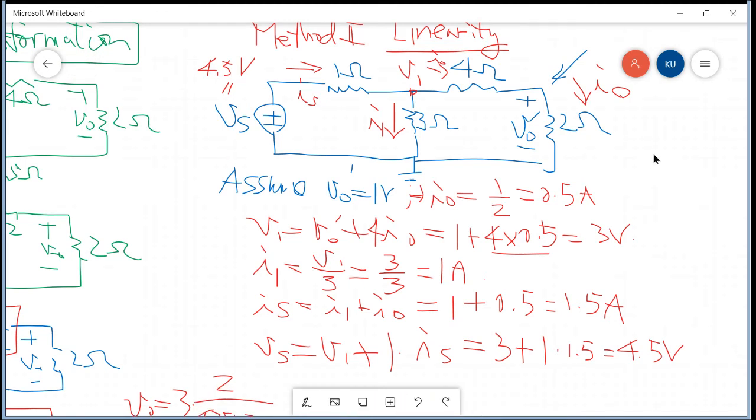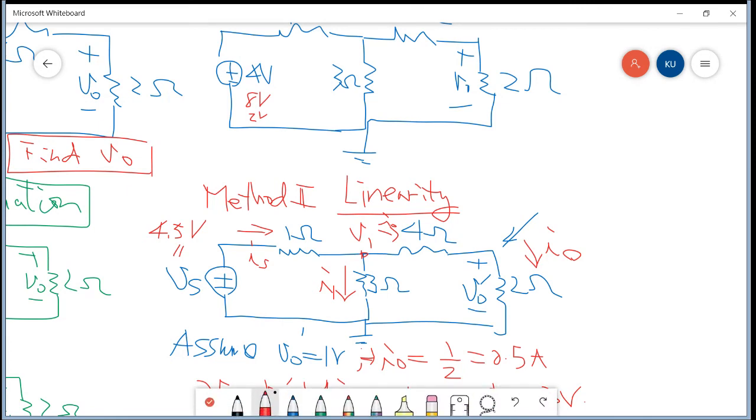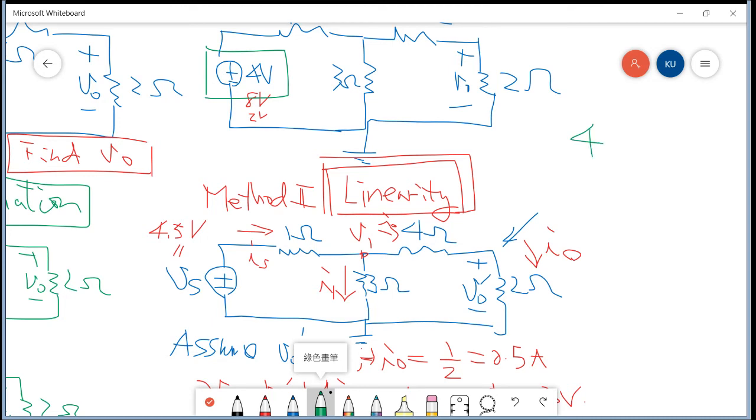So let's go back to here. Due to the linear property, all the current or the voltage should be proportional to the source, which means that here we have 4 volts, and here what we concern is V out.